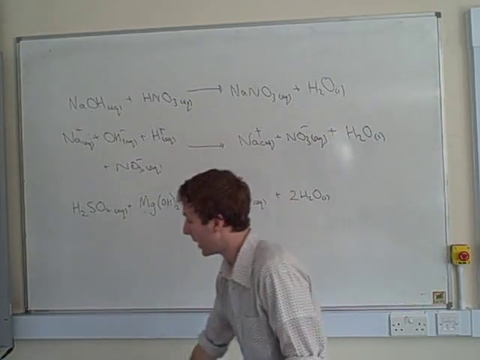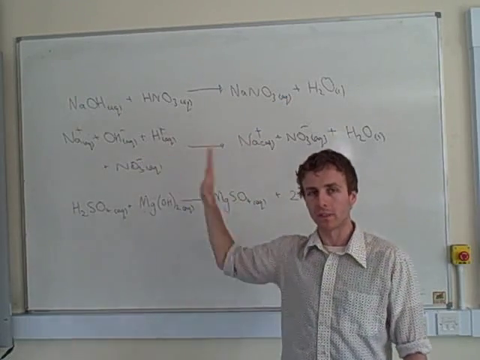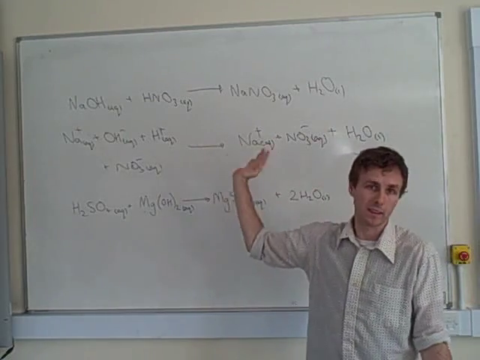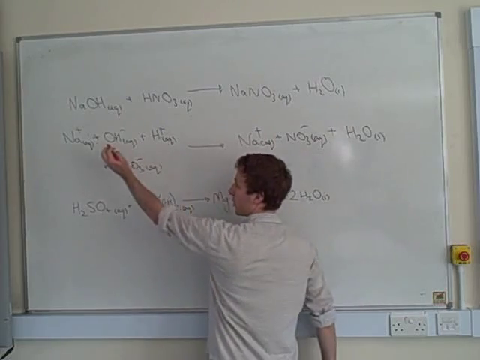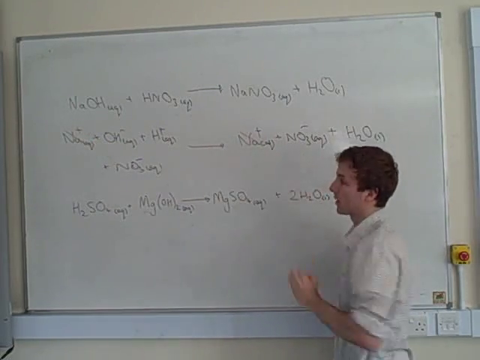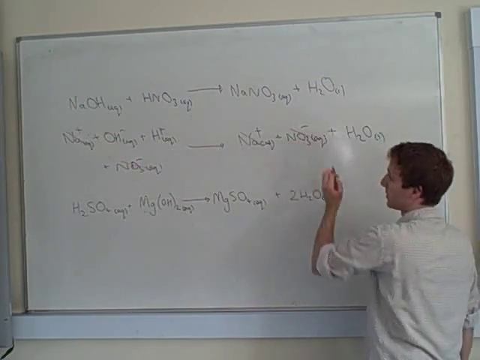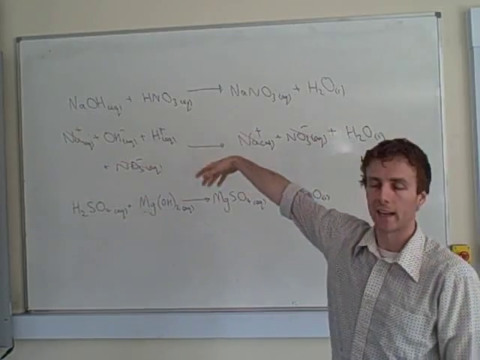So that's step 1. Step 2, I need to cancel out my ions that are the same on both sides. I suppose not just ions, you cancel out anything that was the same, but they tend to be ions. You can see on each side I've got an Na+, so that'll cancel. On each side I've got an NO3-, so they'll cancel. And then step 3, I don't leave it like this mess.